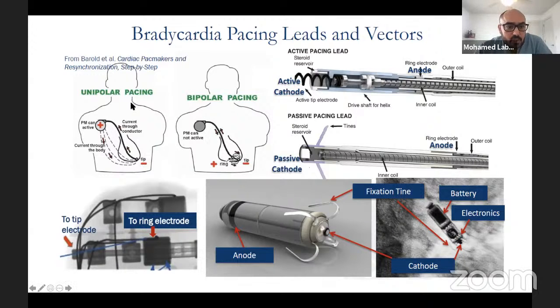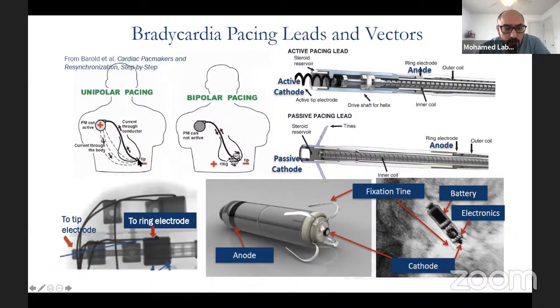The first thing about pacemakers, there are two kinds of pacing modes. There's unipolar pacing, which is an older device; it used to be mainly unipolar pacers. Most devices nowadays are bipolar, but you can switch a bipolar pacer to unipolar.